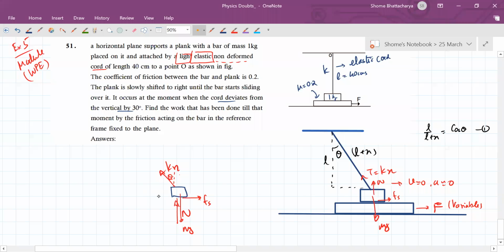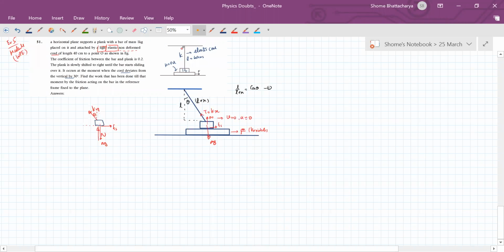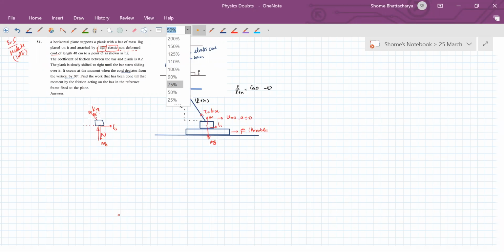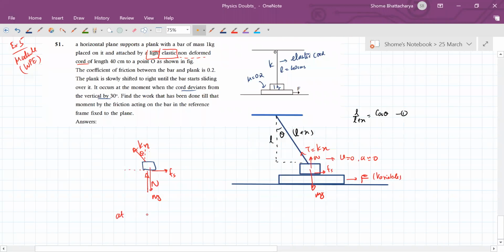Now when it's ready to slip, that time this static friction will just become equal to the limiting value, right? So at theta equal to 30 degrees, static friction just about becomes equal to mu N. So it just starts to slip.